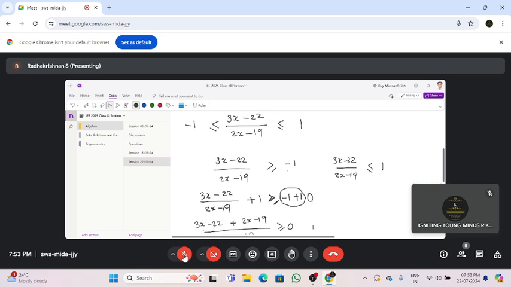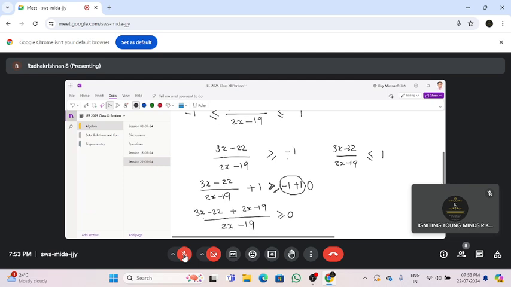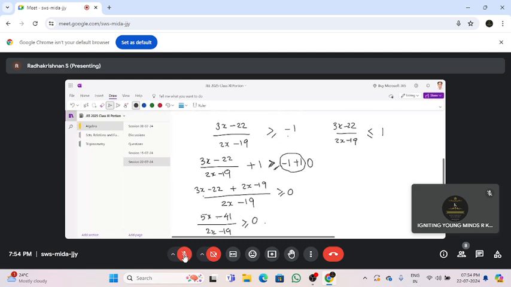Now, in inequalities we cannot do cross multiplication, because depending on the sign of what we are multiplying, the inequality changes from greater to less than and less than to greater than. Since we don't know whether what we are multiplying is positive or negative, we cannot do cross multiplication like we do in a normal equation.